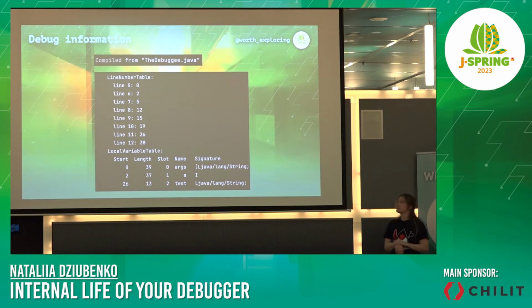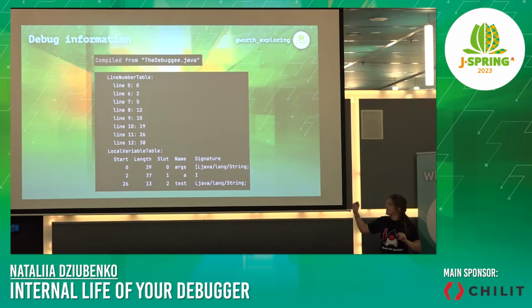Then there is a local variable table at the bottom, which is probably the most important part of it. The line number table and local variable table are generated for each method separately. The local variable table contains the information about all local variables ever used in this method.